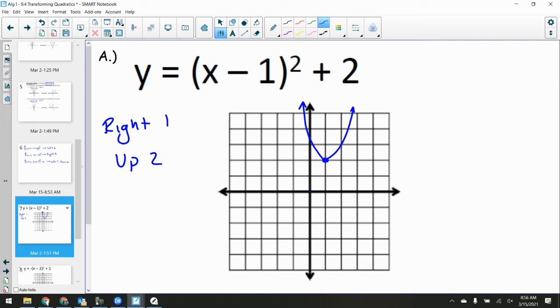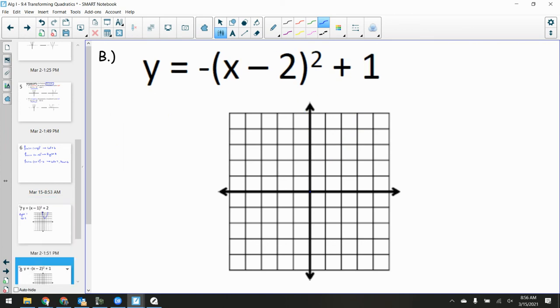Okay, so let's take a look at the next one. Negative x minus 2 squared plus 1. All right, so what does this tell me? Right 2 and up 1. Right 2, up 1.